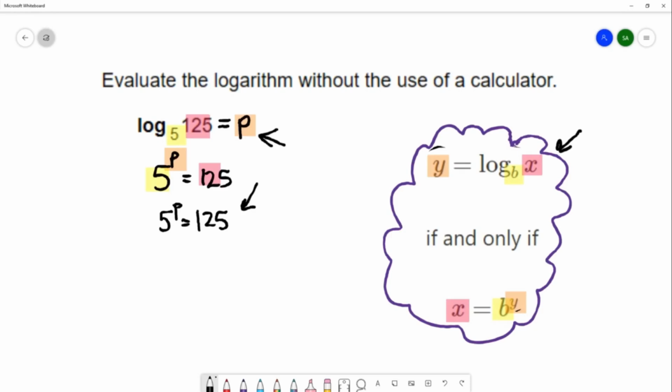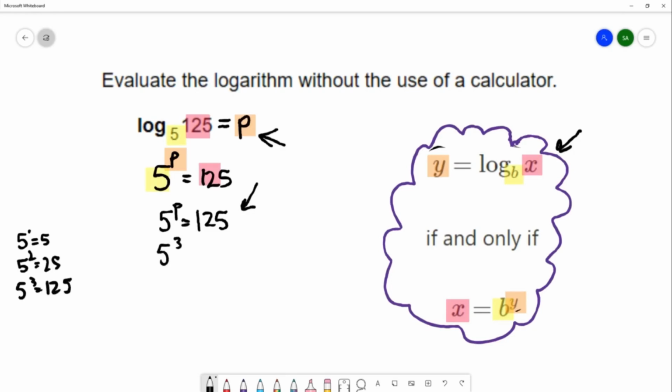Now that it's written in exponential form, it's much easier for me to figure out the value of p. I've got 5 raised to a power equal to 125, and I know that 5 to the first is 5, 5 to the second power will be 25, and 5 to the third power is 125.